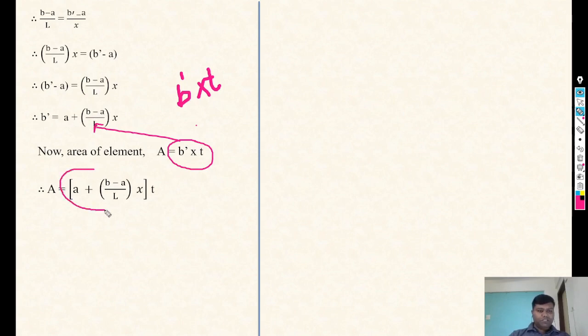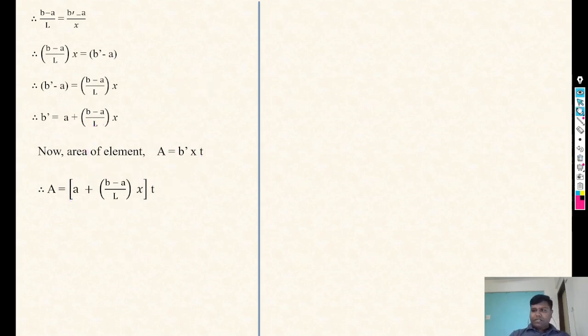So put this total term as b dash, and take t as it is. So the total area of this tapering rectangular section is (a plus (b minus a) by L into x) whole multiplied by t.